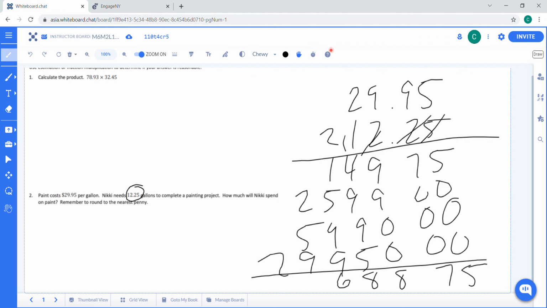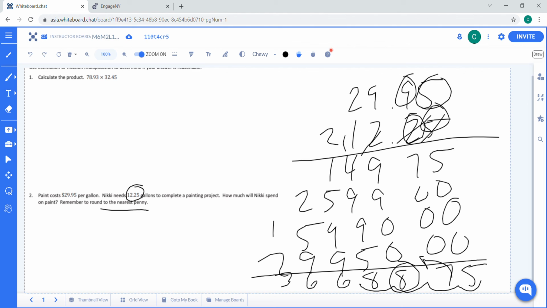Alright, then we just have 7, 16. Okay. And we would move the decimal 4 places. 1, 2, 3, 4. But it also says to round to the nearest penny, which is this place. So this is going to bump it up. So we would say $366.89. That's how much she's going to spend on the paint.